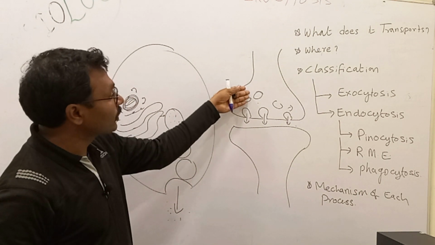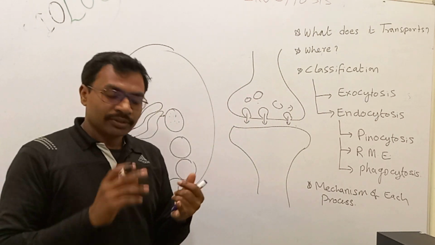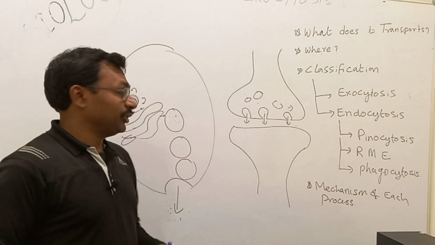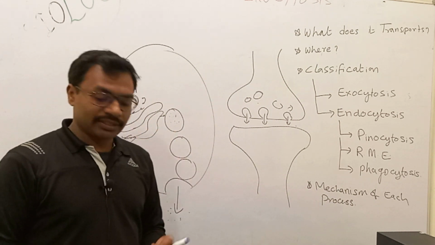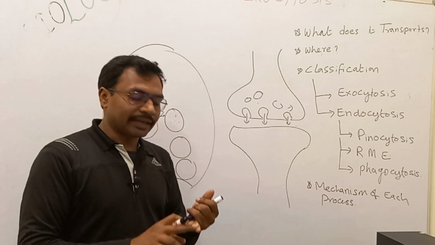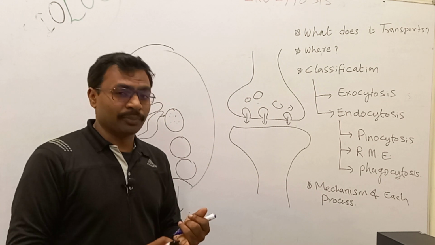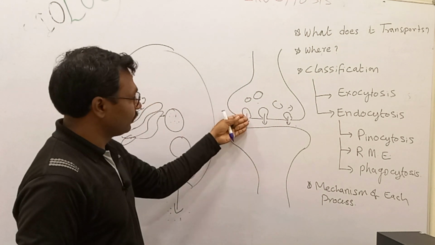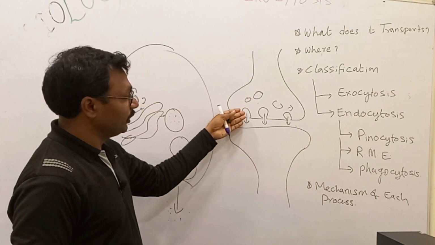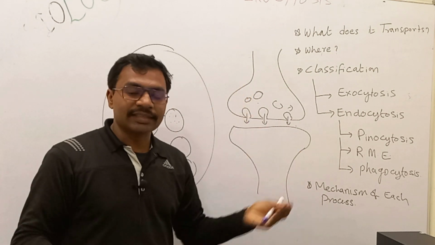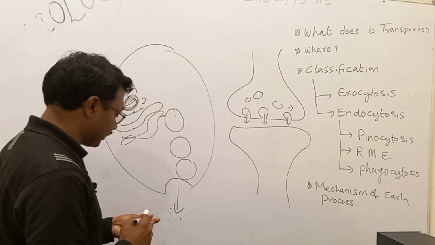So this is how exocytosis happens in the neurons. Examples of exocytosis, a very simple example, are the secretion of hormones through the hormonal glands, and the release of neurotransmitters in the central and peripheral nervous system.